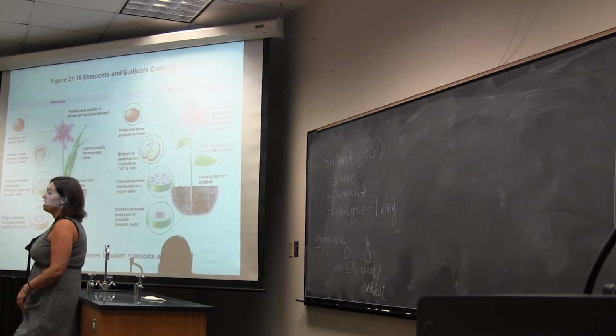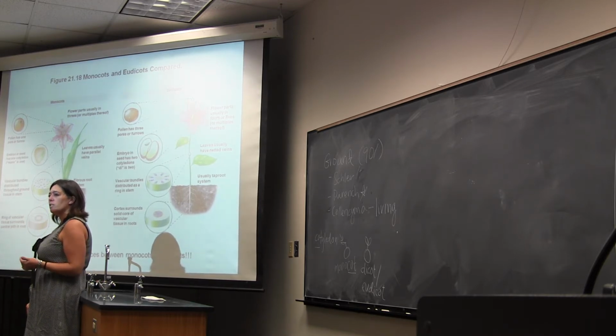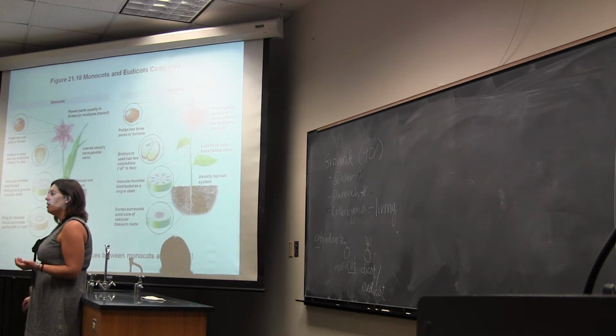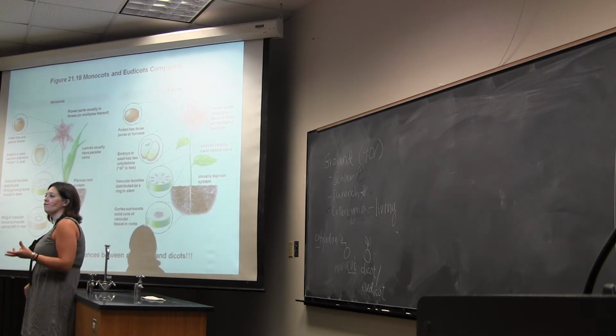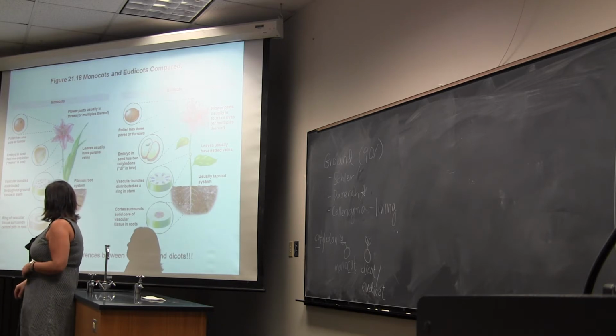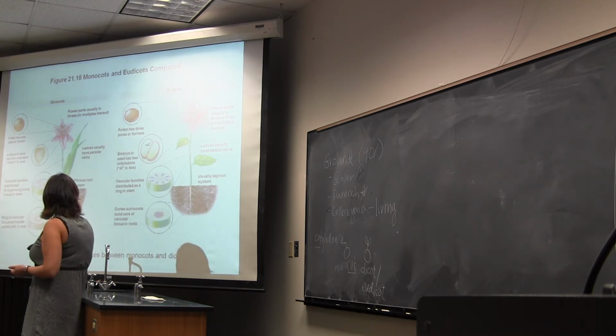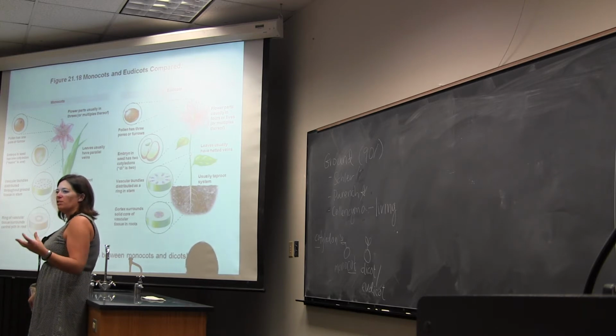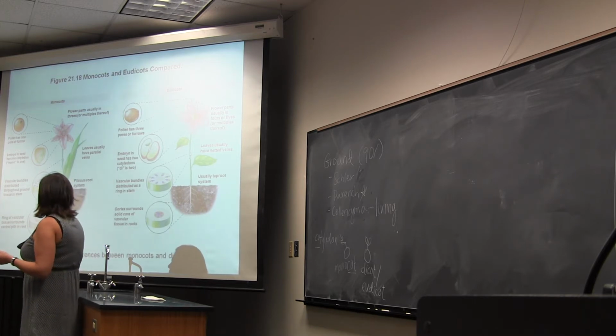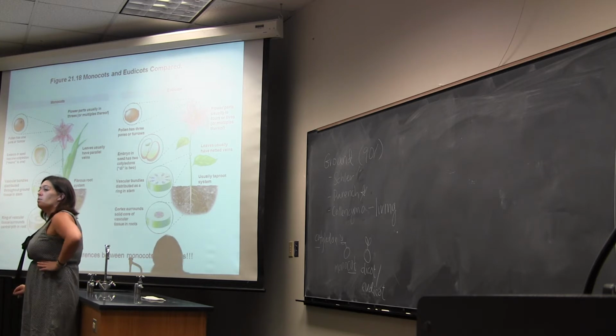In addition to that, the number and the pattern of the flowers, if it has flowers, is going to vary. Monocots prefer to have their flowers in multiples of 3 or 4. Whereas the dicots prefer to have theirs in series of 4s or 5s, or in replicates of 4s and 5s. Also, there's going to be a difference between the roots.